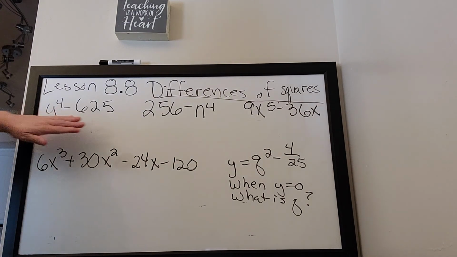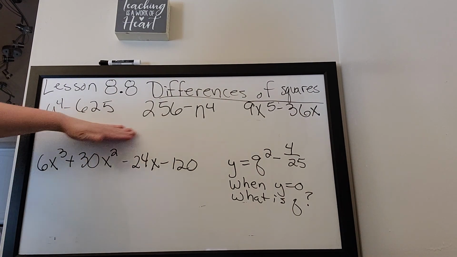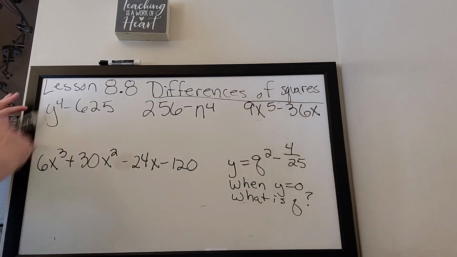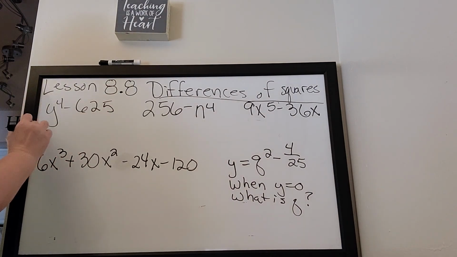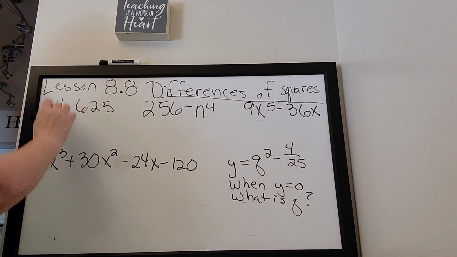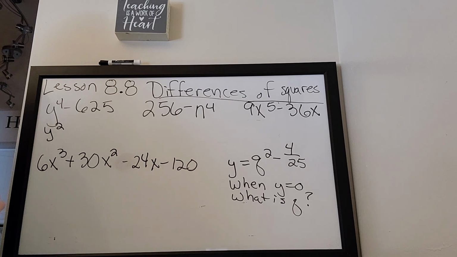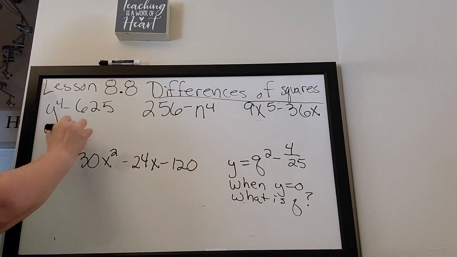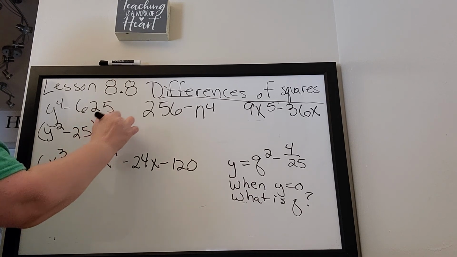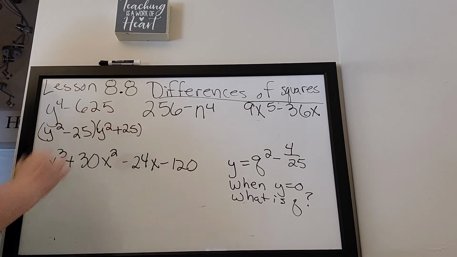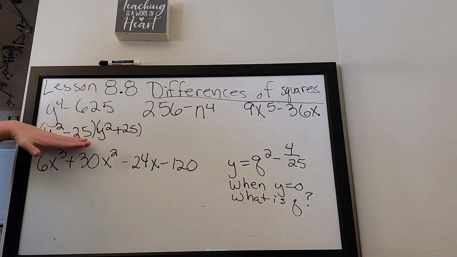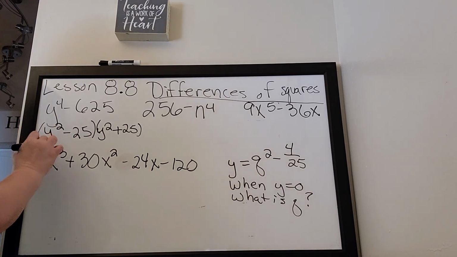Okay, so now here we're going to have some different types as well. Taking the square root of the first, that's y squared. The square root of 625 is 25. And then y squared plus 25. We're not done because this is the difference of perfect squares. So we have to do it again.